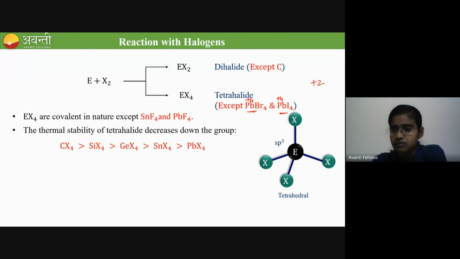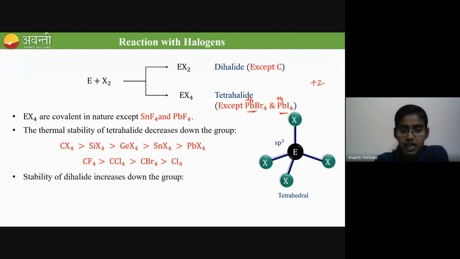But if the central element is the same, if the central element is carbon and I am changing the halogen, like CF4, CCl4, CBr4, CI4, CF4 is more stable. So all these orders you have to study. Coming to the stability of dihalides, they increase down the group.